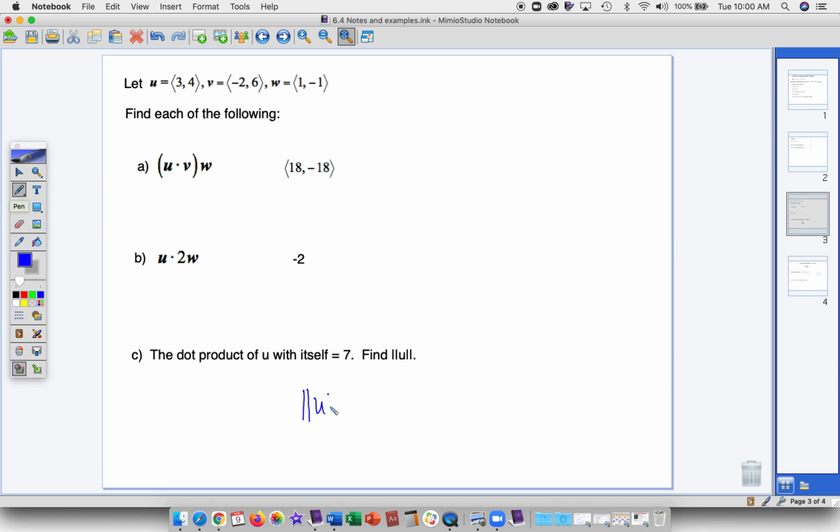Well, the magnitude of u is equal to the square root of the horizontal component of u times itself, plus the vertical component of u times itself, which is actually the dot product of u dot u.